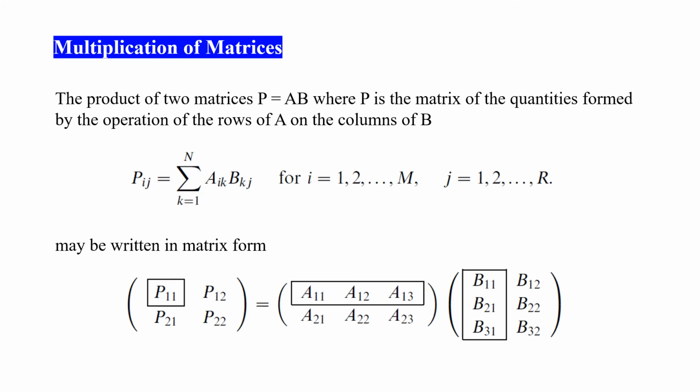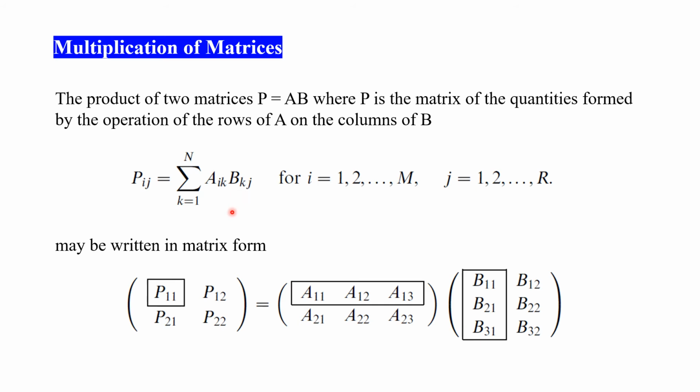Again, you can only multiply two matrices if the column of your first matrix, which in this case here is k, is equal to the row number of your second matrix B, which is still this k here. So k on your A should be equal to the k on your B.